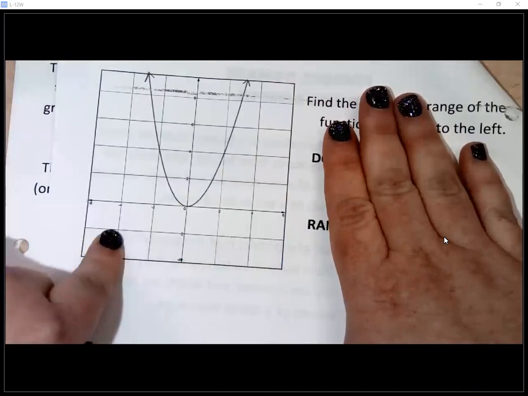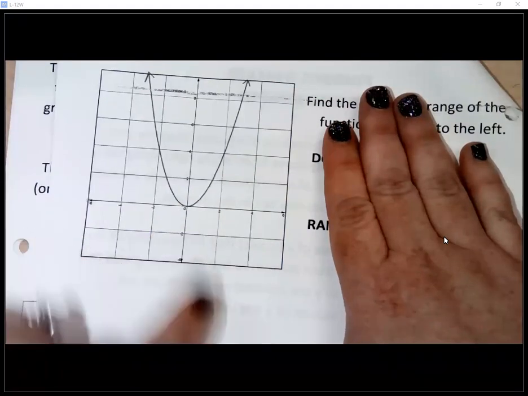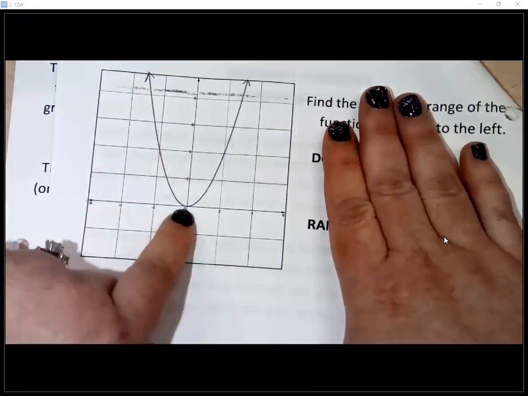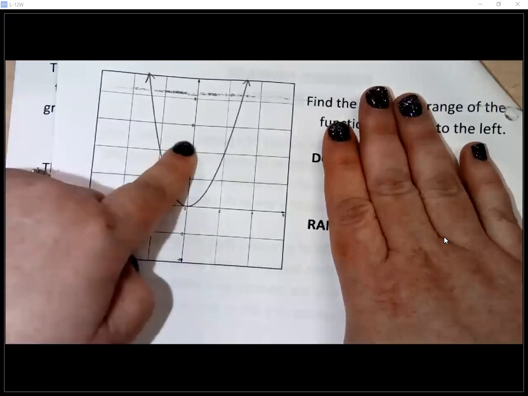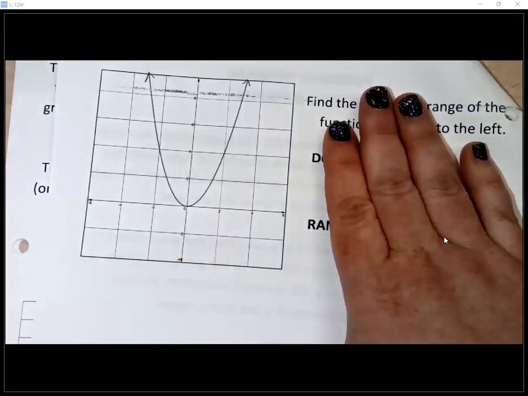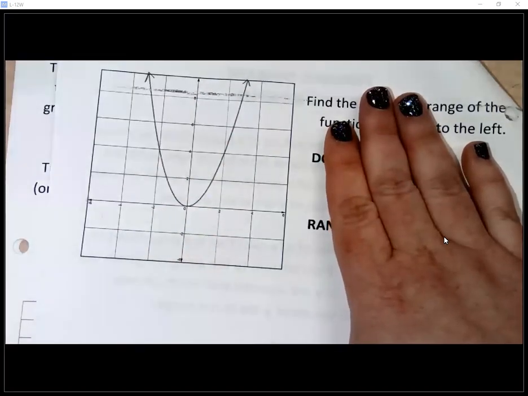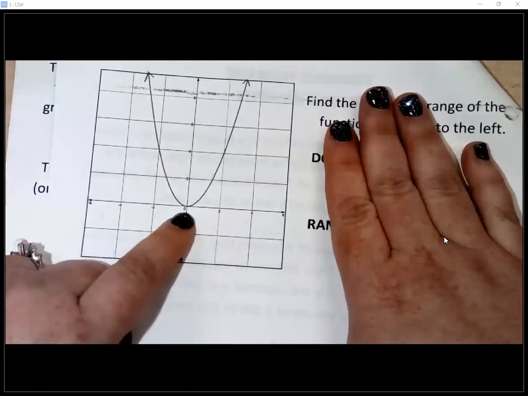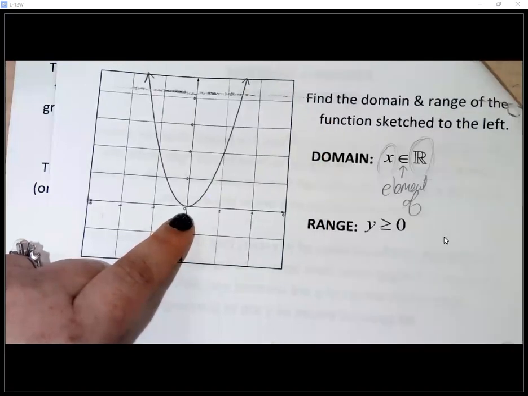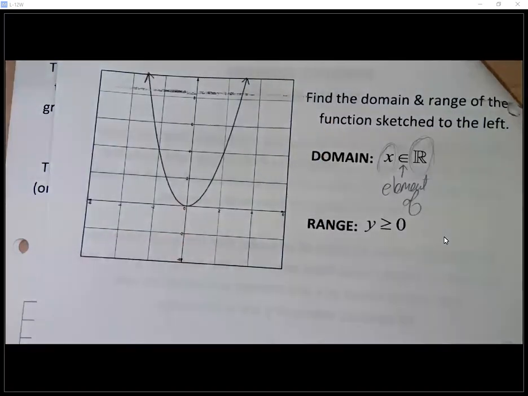It starts existing in the y's at 0, doesn't it? Will I have every y value represented as I go further and further in the positive infinite direction? Yes. So I'm going to have everything that's 0 or greater.